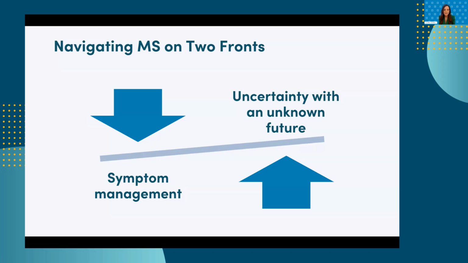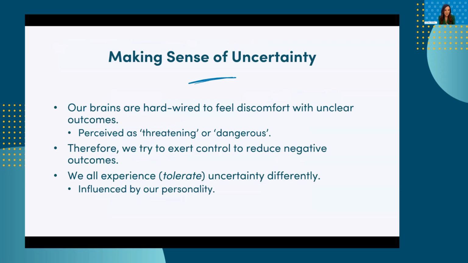And I think sometimes it doesn't quite get the recognition that it needs. And it's an important piece to this. So, how do we make sense of this? When we think about uncertainty, right, in our lives, we are so hardwired that we feel discomfort when we don't quite know the outcome of things. And the more we're able to perceive the outcomes, right, what's around the corner, the more we have a sense of control.